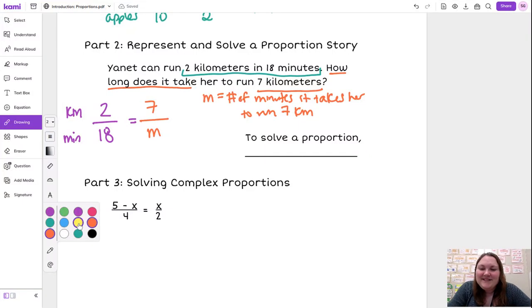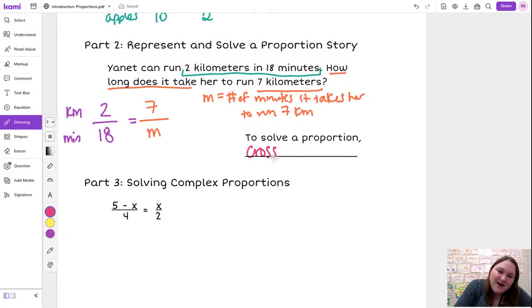The other part of today's lesson, in addition to what is a proportion, is how to solve proportions. We learned in our last lesson that when you have equations with fractions, you can use multiplication to help you with the fractions. Specifically, if you have a proportion with 2 fractions, you can do something that's called cross multiply.